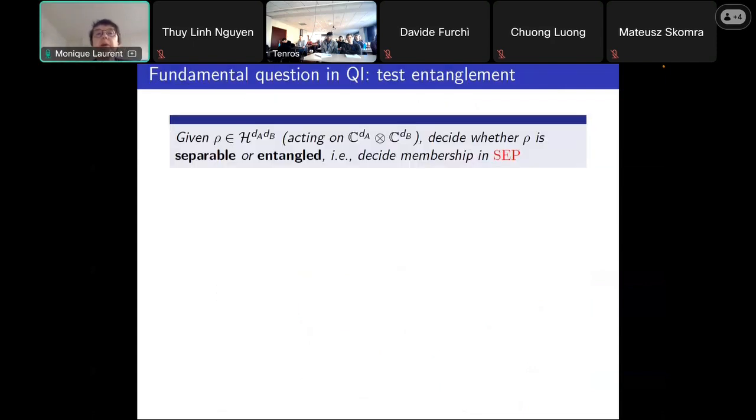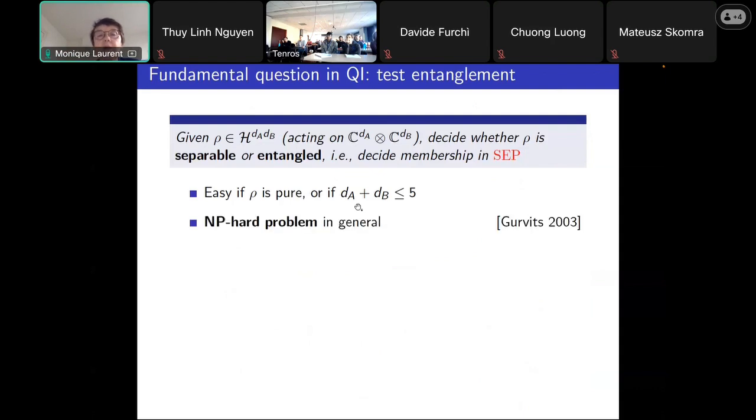So a fundamental question in quantum information is: we are given a rho acting on the tensor product, decide whether it's separable or entangled. We have seen that this is easy if rho is pure or if the sum of the dimensions is at most 5. And in general, this has been shown to be an NP-hard problem.